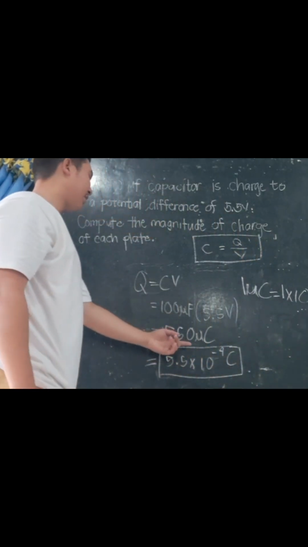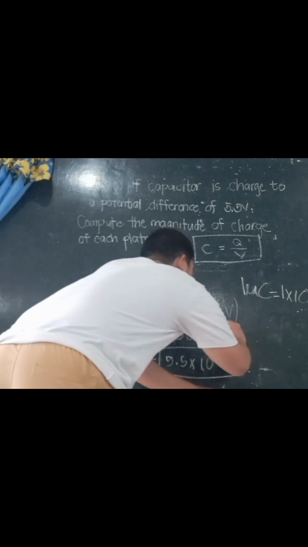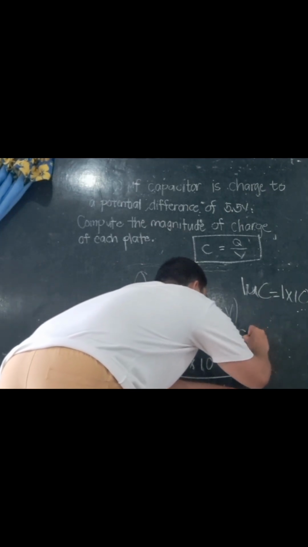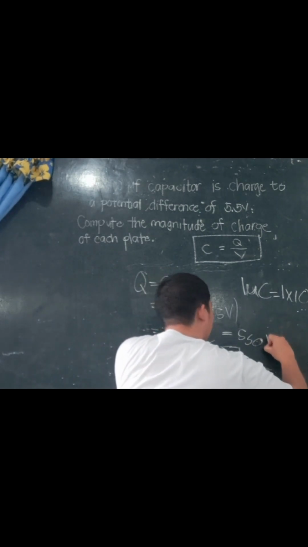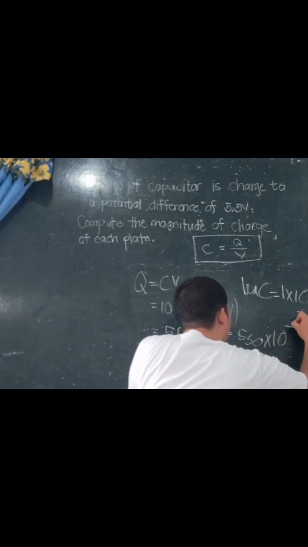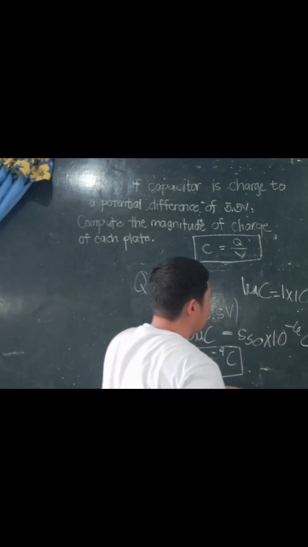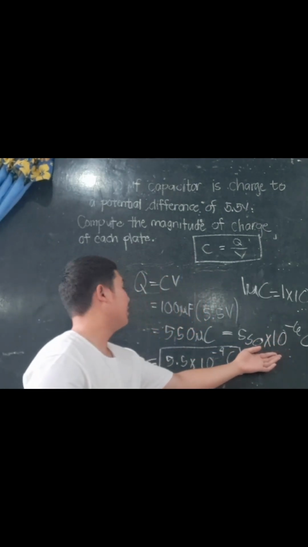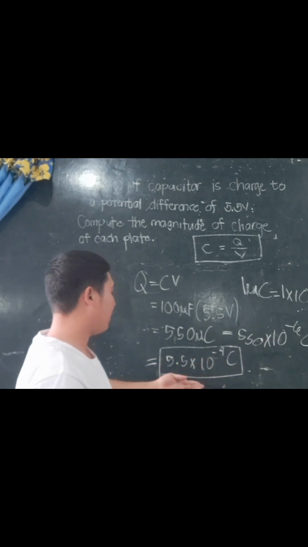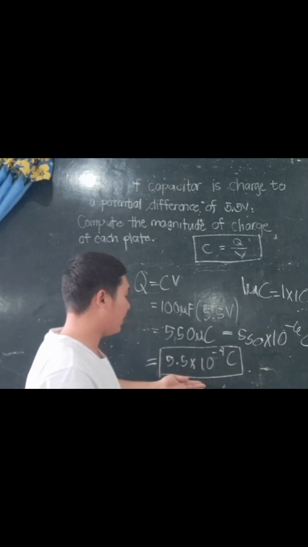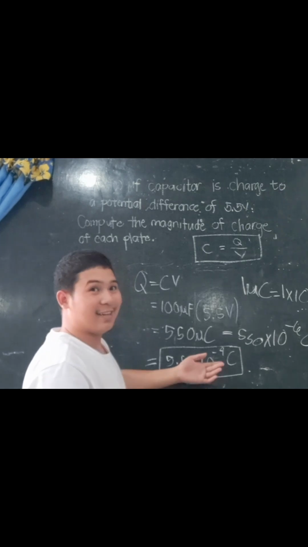So 550 is equivalent to 550 times 10 to the power of negative 6 coulomb. To make this statement scientifically accurate, the answer must be 5.5 times 10 to the negative 4 coulomb.